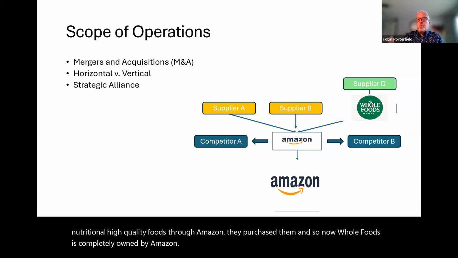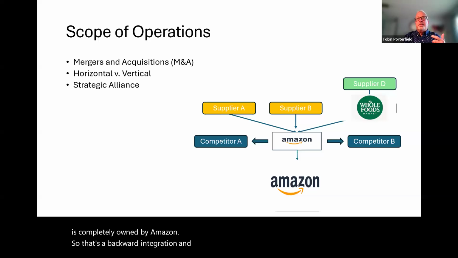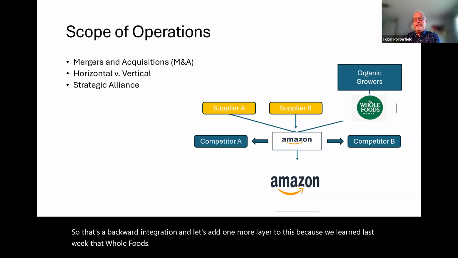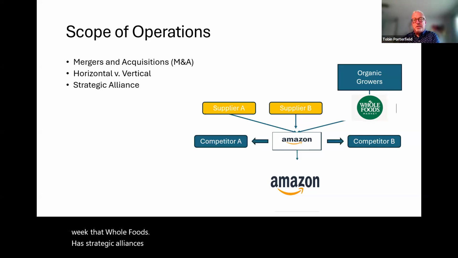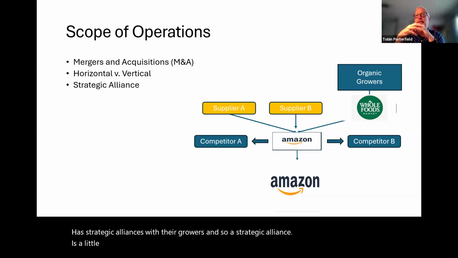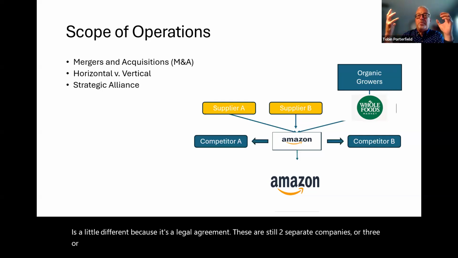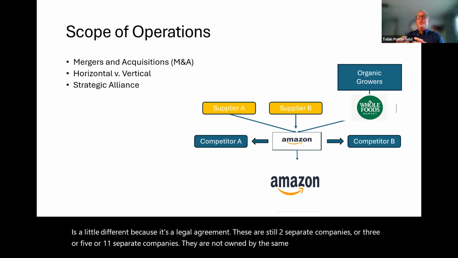So that's a backward integration. And let's add one more layer to this because we learned last week that Whole Foods has strategic alliances with their growers. And so a strategic alliance is a little different because it's a legal agreement. These are still two separate companies, or three or five or 11 separate companies. They are not owned by the same group. They are a strategic alliance.